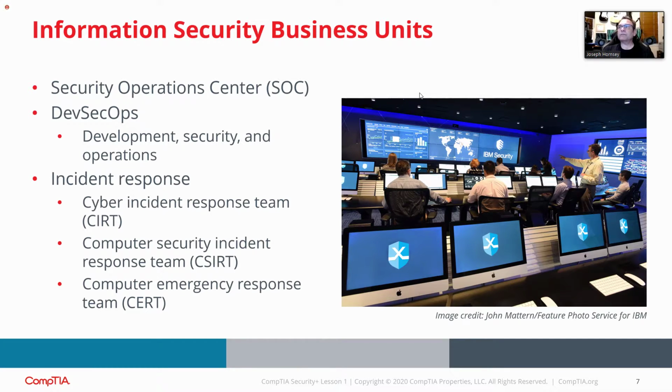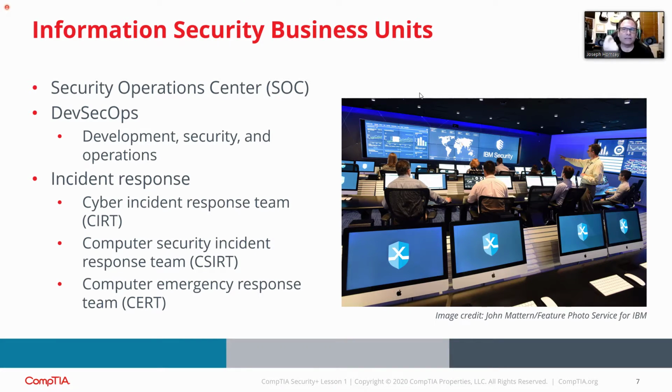Incident response. Again, this is going to vary widely based on the organization that you're in and the size of it. The incident response team, and you see there are different acronyms there: the cyber incident response team, computer security incident response team, computer emergency response team, computer incident response team, security incident response team, on and on and on. Lots of different acronyms.